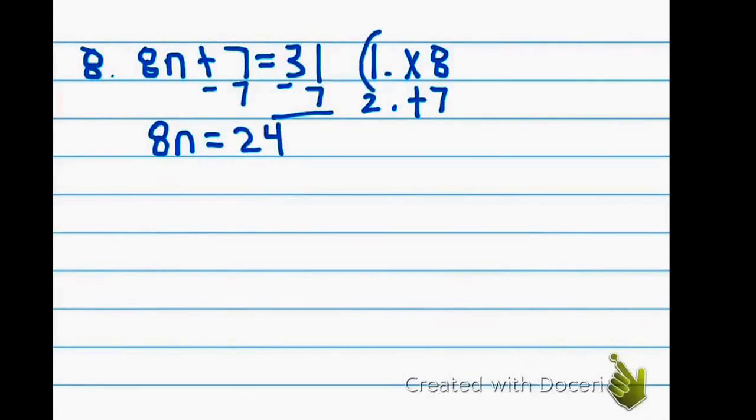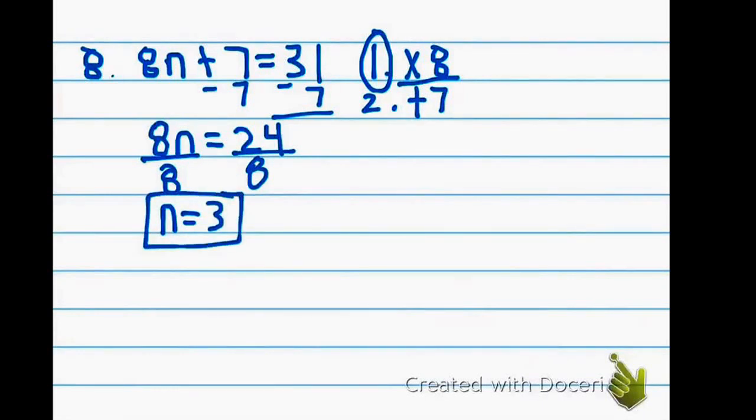So now we're going to step number 1. Instead of multiplying by 8, we have to divide by 8. So you're left with n equals, then your answer is n equals 3. So if you plug 3 in, 8 times 3 is 24. 24 plus 7 is 31.